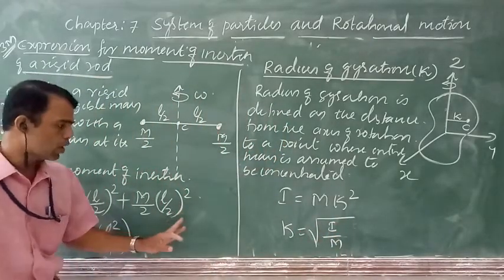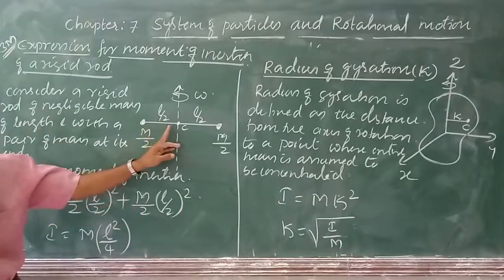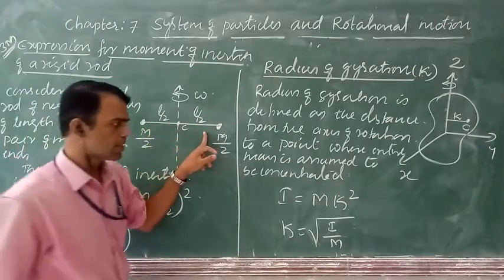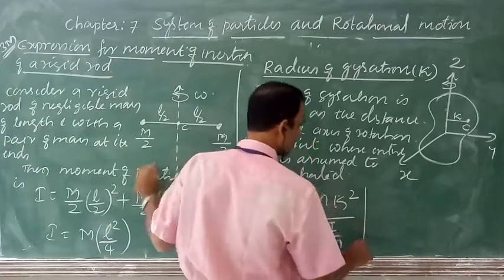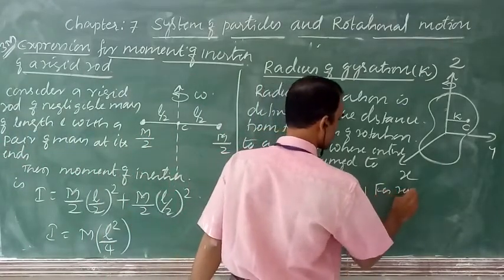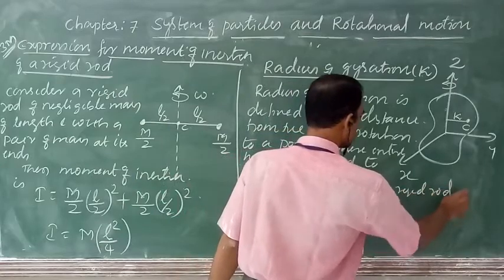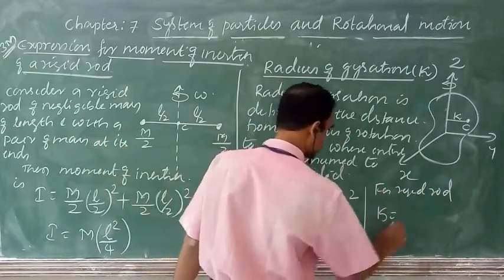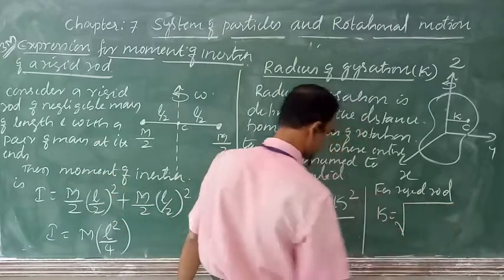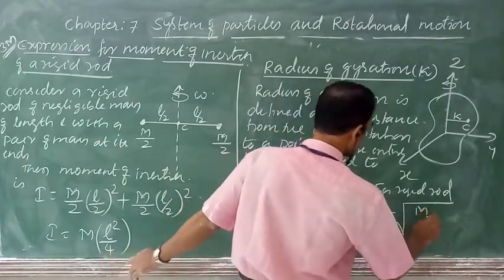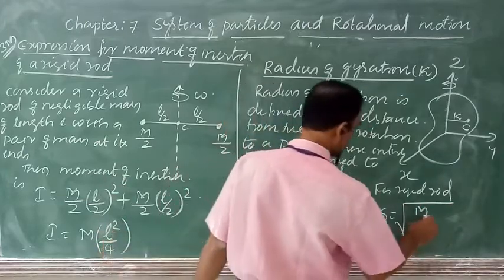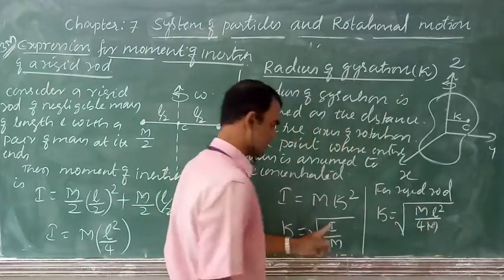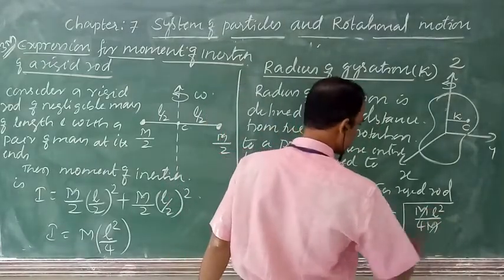Suppose I want to know the radius of gyration of a rigid rod capable of rotating about an axis. Then k is equal to the root of I by m, which is m L square divided by 4, divided by m, so m gets cancelled.